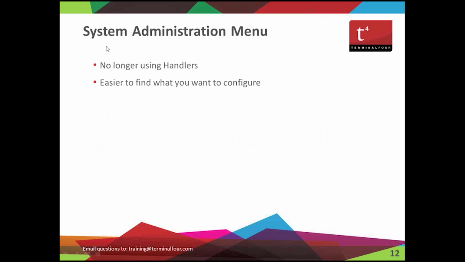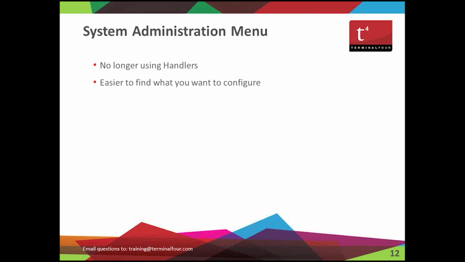Okay, let's see what's next. So we have next our system administration menu, and let's have a look and see what is in here. Now, we have published a document on the extranet which gives you details of where everything resides in version 8.